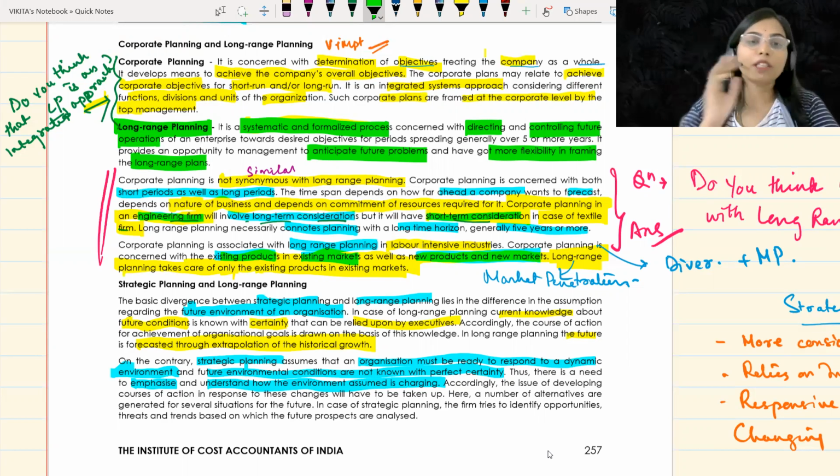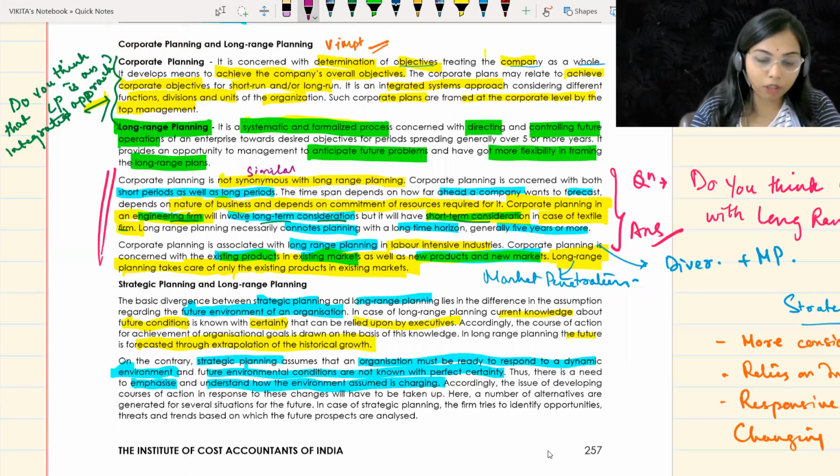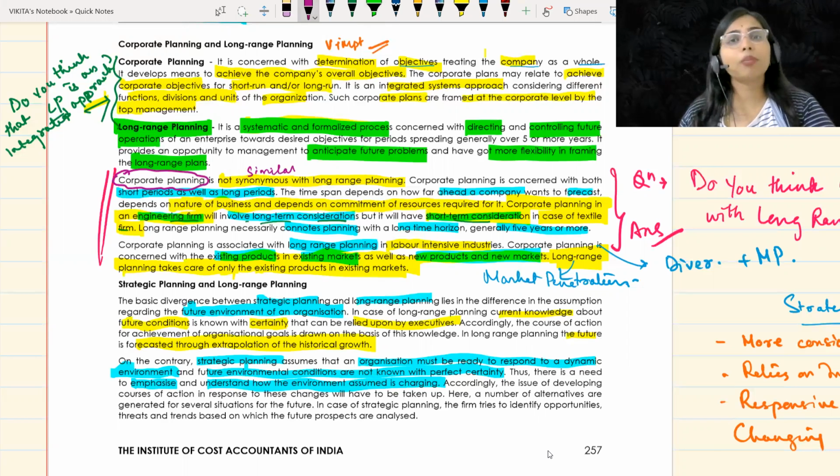Now there can be a question, write down the question that can be asked: do you think corporate planning is similar to long range planning? You have to say no, corporate planning is not similar to long range planning. Why?